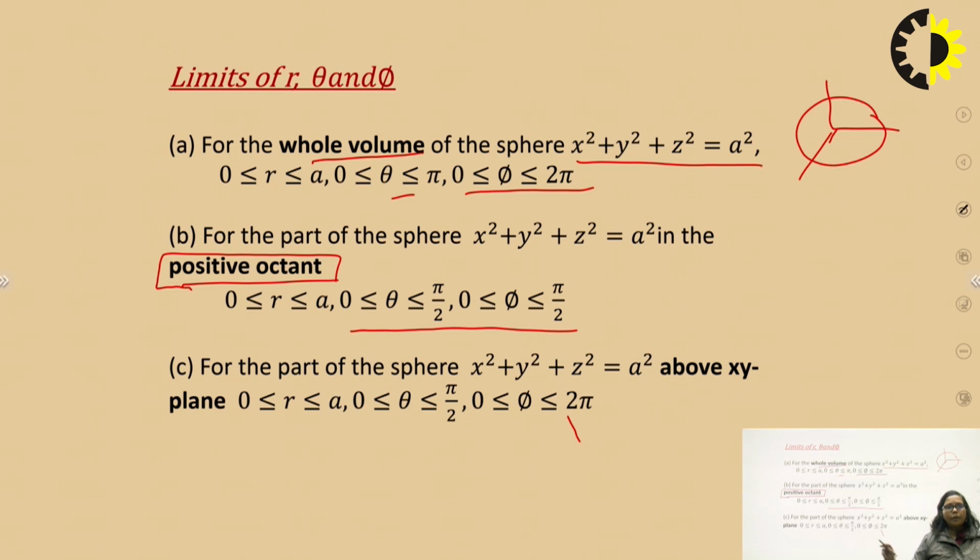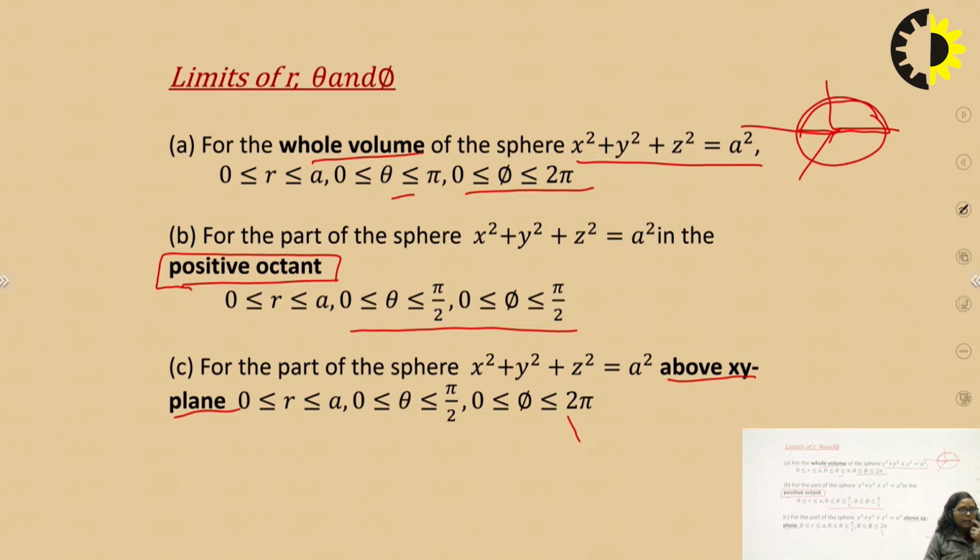Look at the C part. For the part of the sphere above the xy plane. What's the meaning of above the xy plane? If you look at this figure, above the xy plane means you are taking only this portion of the sphere. Means here you have only the hemisphere, the half of the sphere.